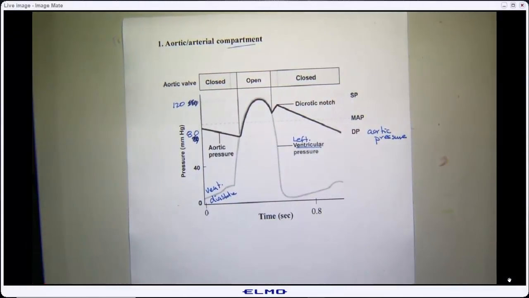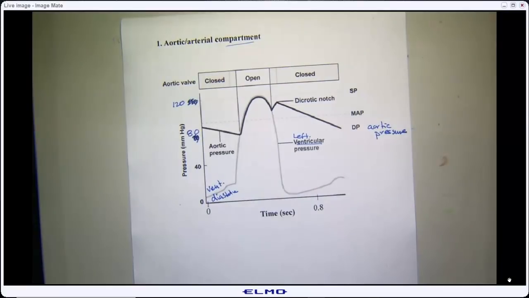So when the ventricle is in diastole, it's not ejecting volume, so that aortic volume is decreasing, right? Because blood is moving from that compartment into the rest of the systemic system, so into the arterioles and the capillaries. So we are losing volume out of this compartment, so we are losing pressure out of that aortic compartment.